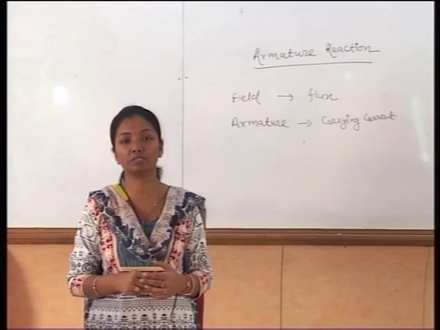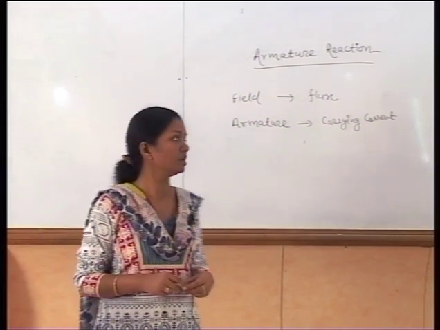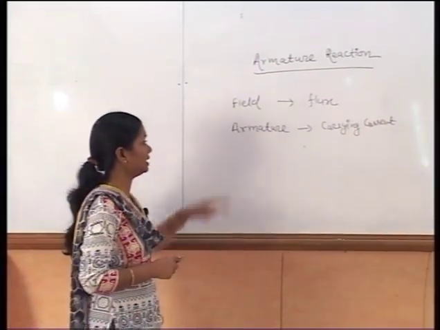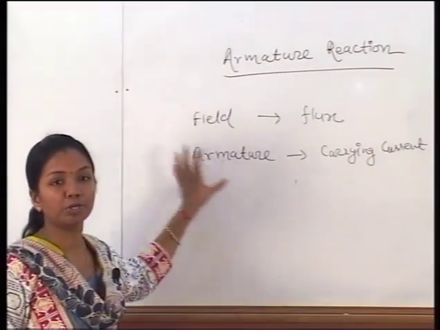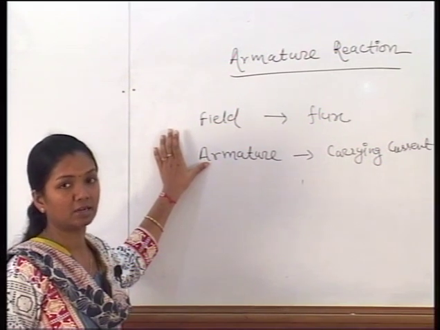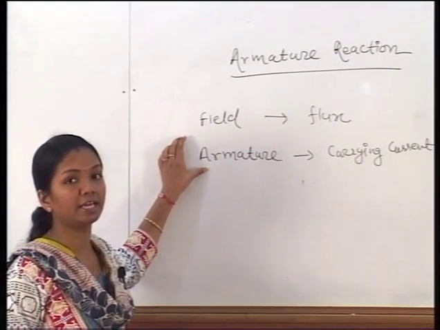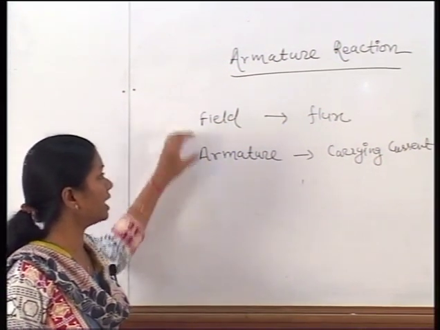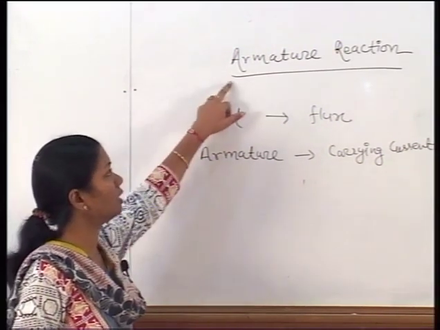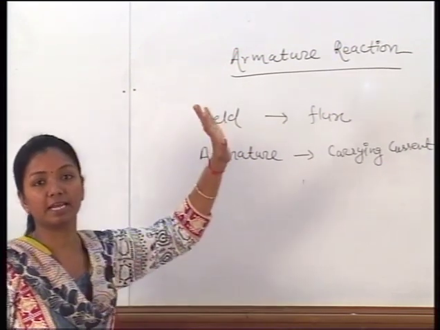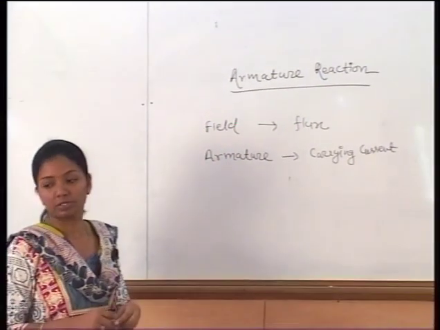Armature reaction is basically the flux produced by the armature conductors, due to the armature current. When it interacts with the field flux, this interaction is named armature reaction, right.